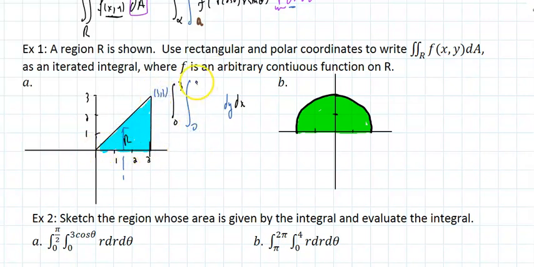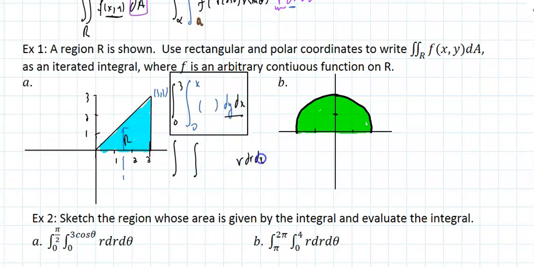That line right there is simply y equals x. And if I don't write anything in there, leave it as a 1, that's the definition of area. If I want to use polar, again, if it's really rectangular, you should go for rectangular. r d theta. Well, theta runs from 0.